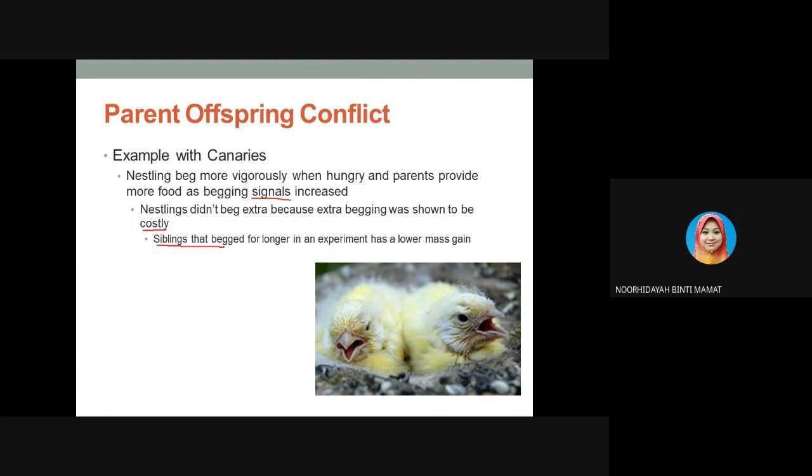The sibling that begged longer in an experiment had a lower mass gain. That is why begging only increases in demand with need. So they give a very real demand, a very honest signal, to their parents.